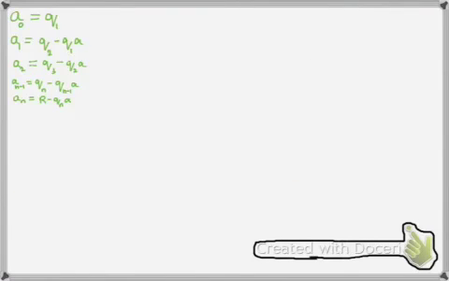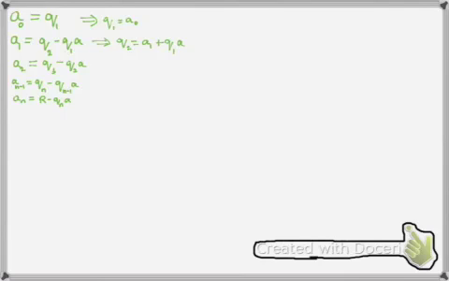So by this we get q1 is equal to a naught, right? Now by this equation we get q2 is equal to a1 plus q1 times a.